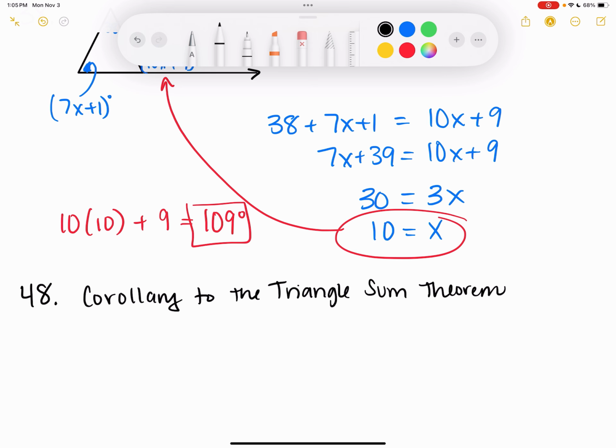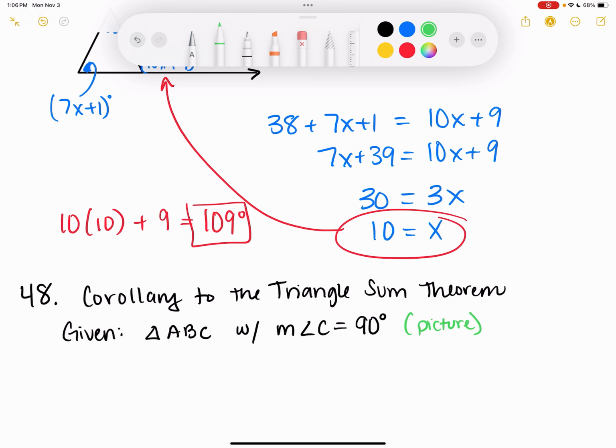Now, the corollary to the triangle sum theorem says the acute angles of a right triangle are complementary. So the given from the theorem would be that we have triangle ABC with the measure of angle C being equal to 90 degrees, and that would have been from the picture that was given in that corollary.